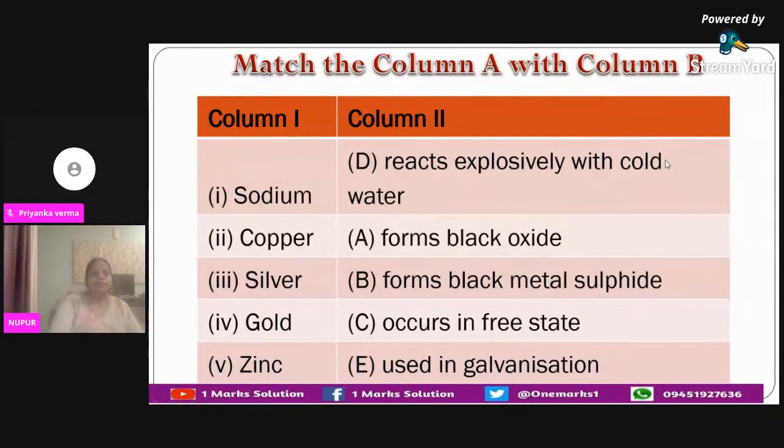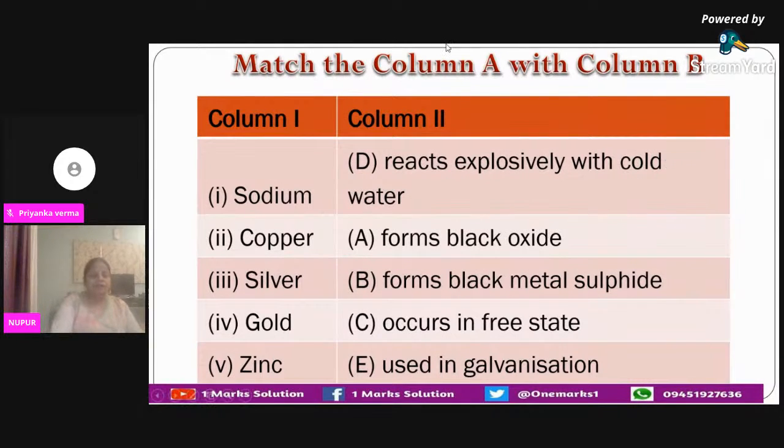So you see, sodium reacts explosively with cold water. Copper forms a black color oxide. Silver, you've just seen, if left exposed to air, forms a black metal sulphide.